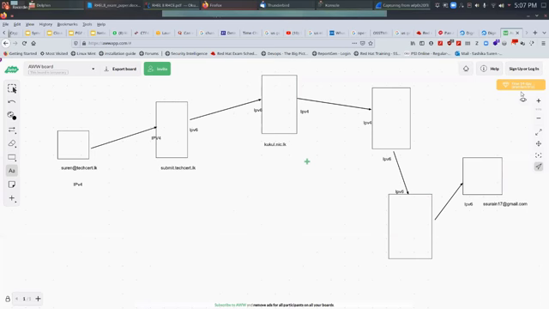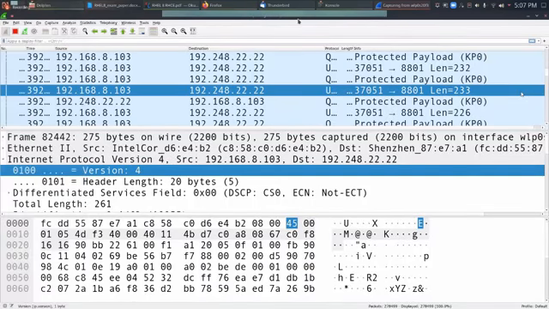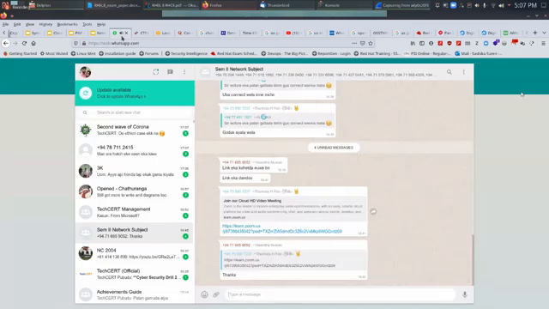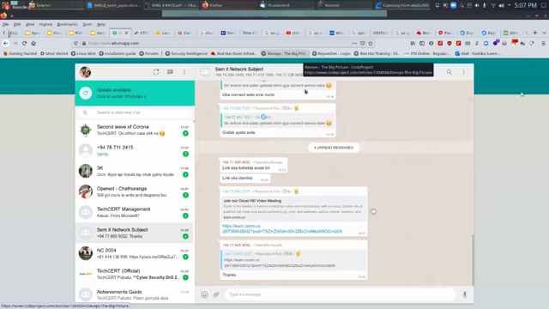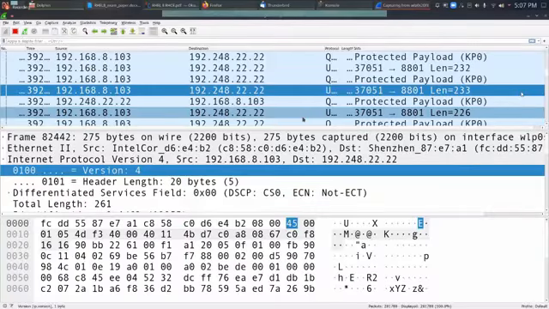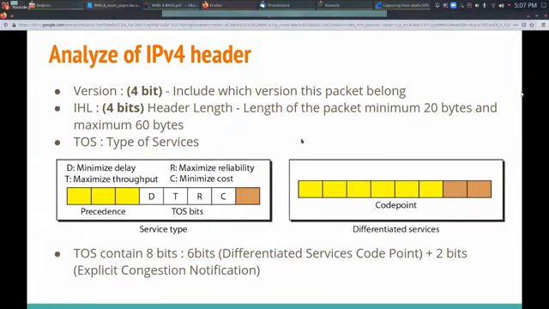Okay, so if this is clear, let's move back to the presentation. Right, so here what we are going to deal with, most probably you will be getting the assignment today.